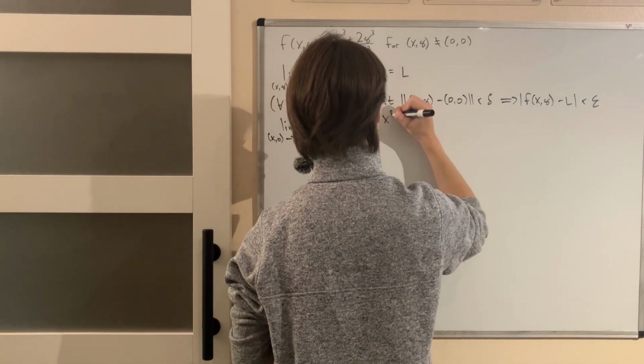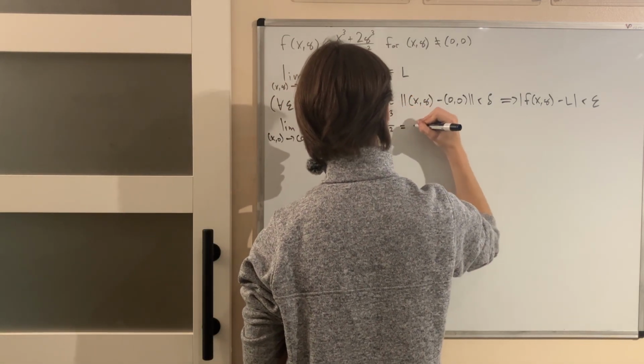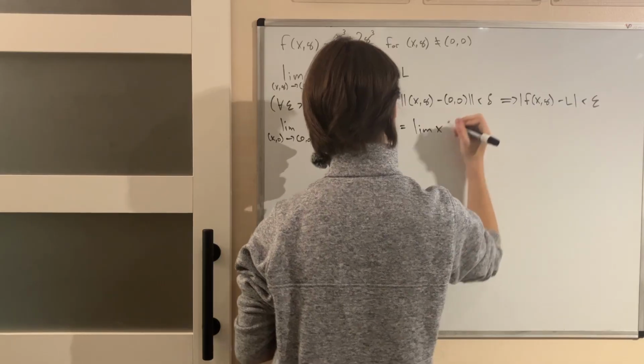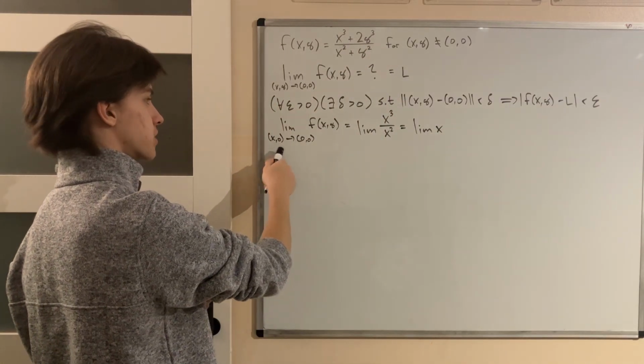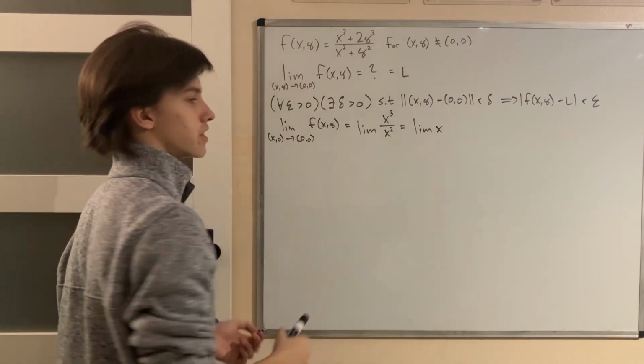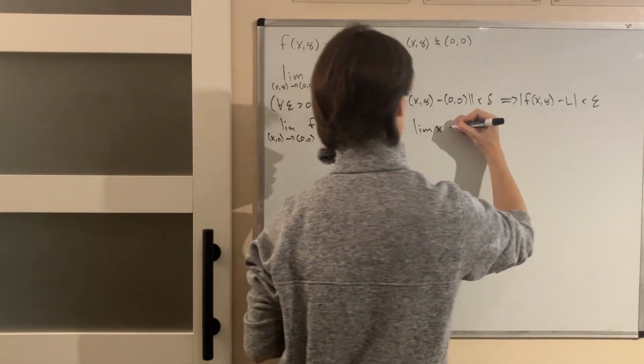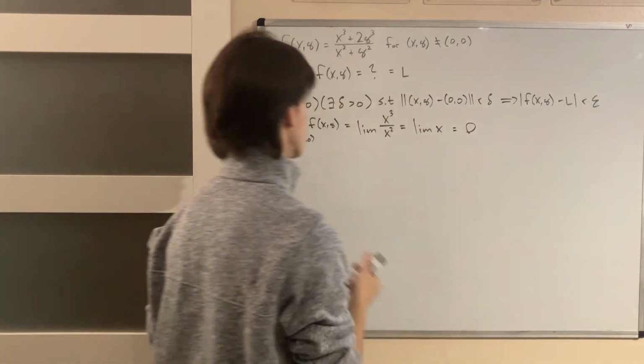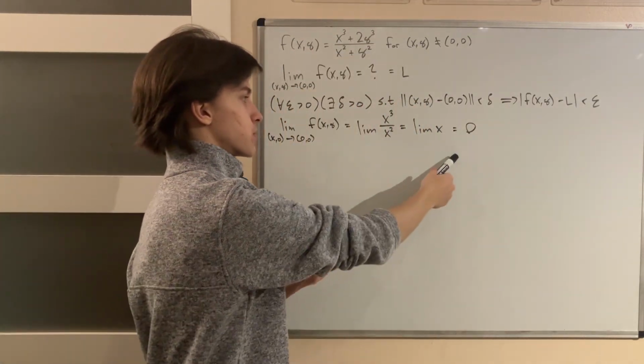So we have x cubed over x squared, which is just the limit of x with these bounds. And as (x, 0) approaches (0, 0), the limit of x is, of course, 0. Okay, so along the x-axis, this limit becomes 0.